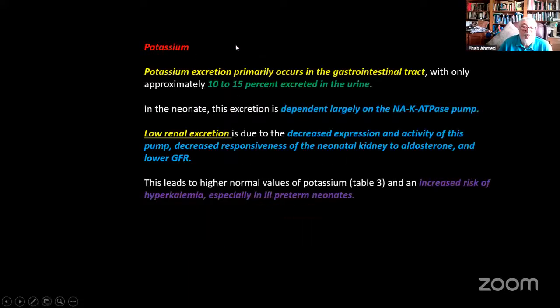Potassium is extremely important also because it's an intracellular ion, and it's mostly excreted in the stool, in the GI, with only 15% excreted in urine. And the newborn baby, especially the preterm one, is liable to hyperkalemia of the newborn, and it is because of a movement of potassium from the intracellular to the extracellular compartment.